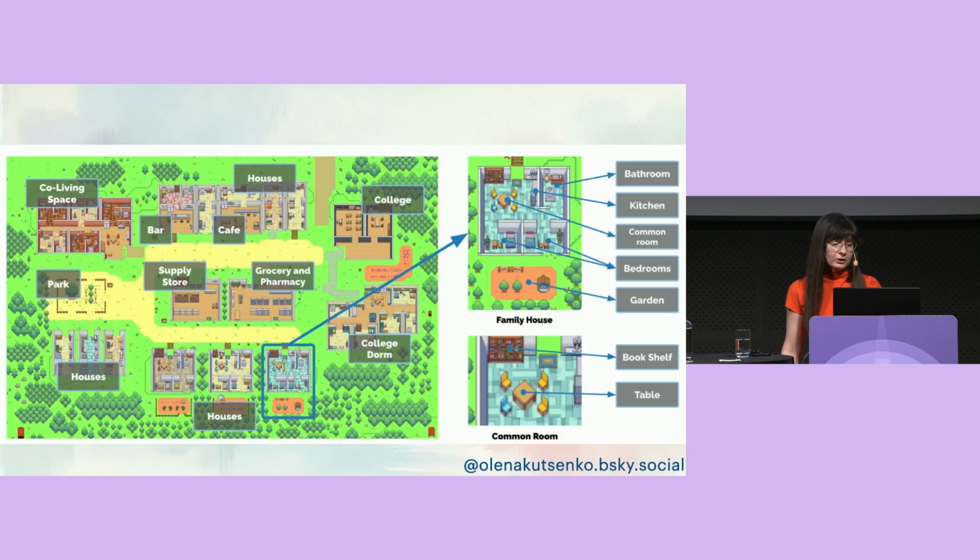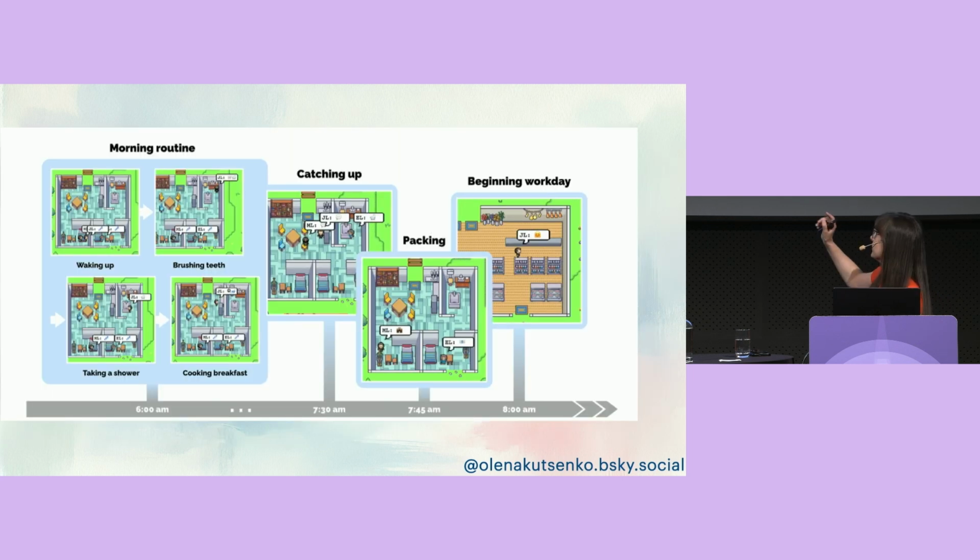So how it looks, they have this map. They have a park, they have houses, they have college dorms, cafes, and those villagers can move around on that map. Usually they have some kind of agenda where they want to be at a certain time, but again, they can change that plan according to whatever is happening around. Every villager will have some morning routine, some kind of approximate schedule.